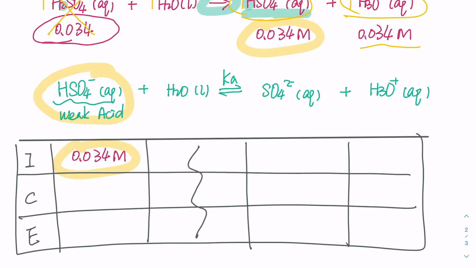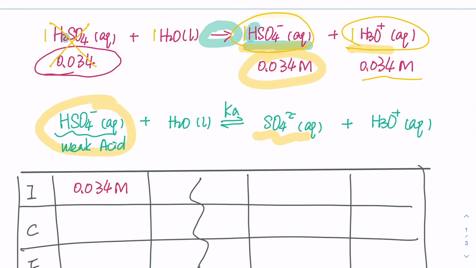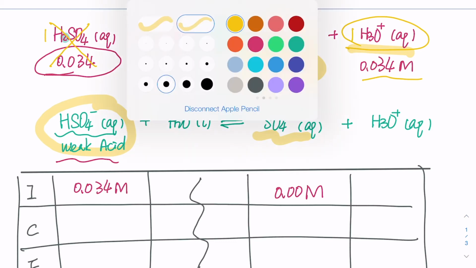Now we have that, and let's see, do we have any sulfate ion from the previous step? No, we didn't generate this. So at this moment it's 0, because the reaction didn't happen yet for this second step. But let's look at hydronium ion.